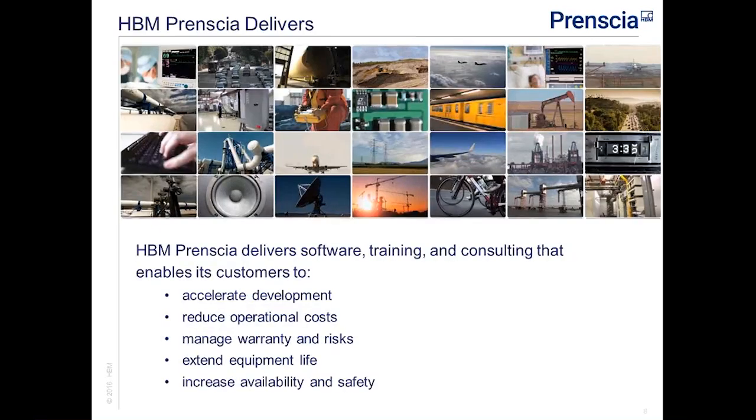ReliaSoft is all about reliability and managing risks and warranty costs and so on. And nCode, you're probably familiar with, provides engineering, data analysis and management tools, in particular focusing on fatigue and durability, which is of course what I'm going to be talking about today.